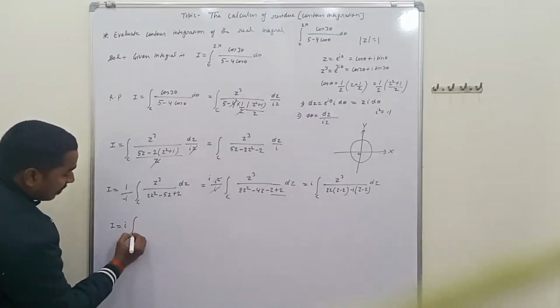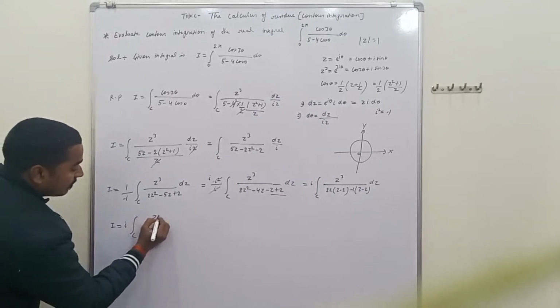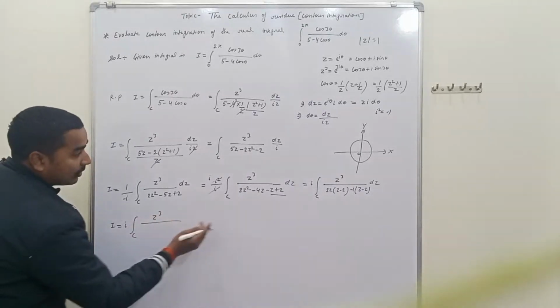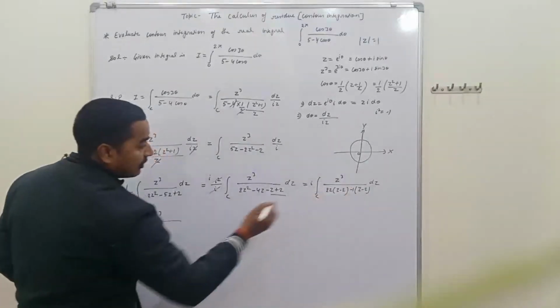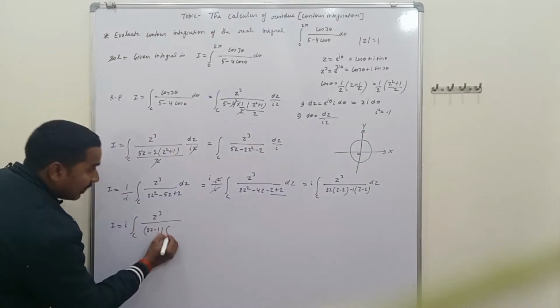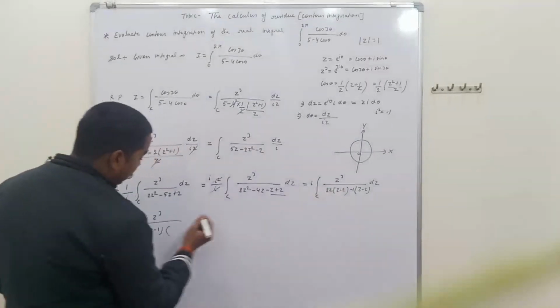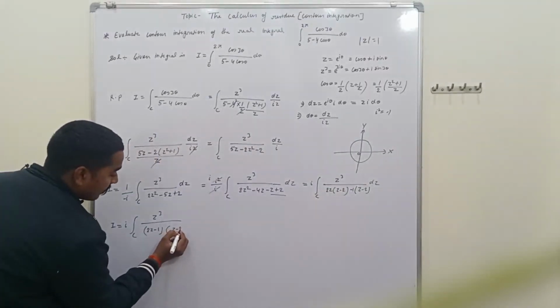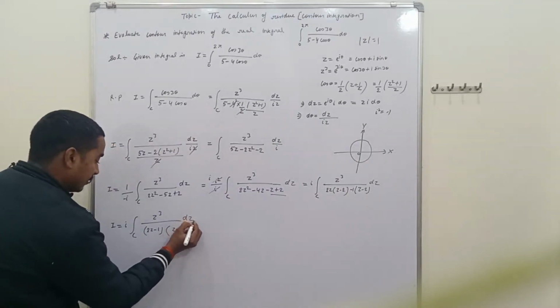Further we write I is equal to i closed integral over C of z cube upon, we take 2z minus 1 in one bracket and z minus 2 in another bracket, dz.